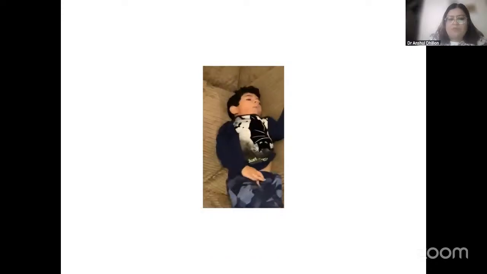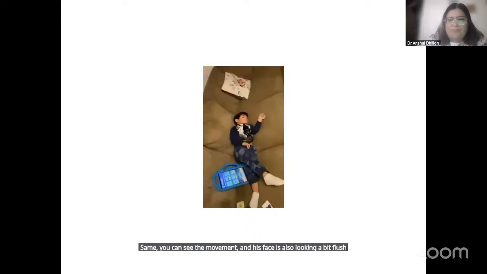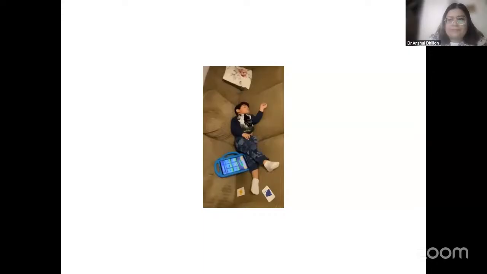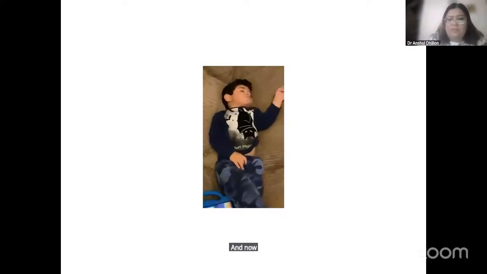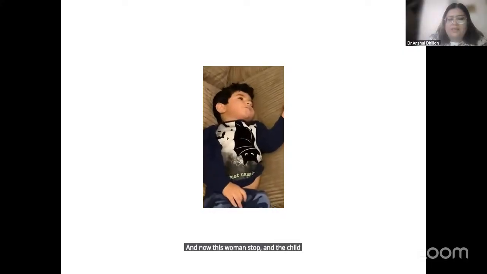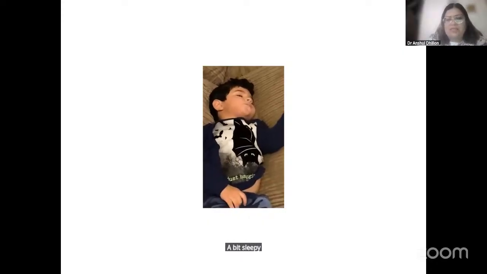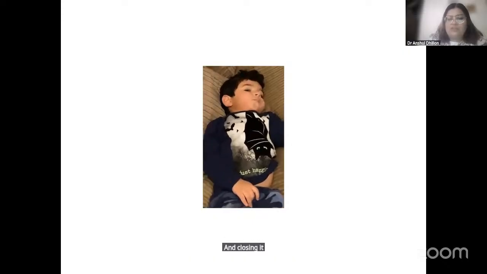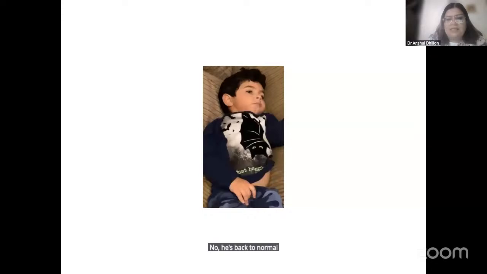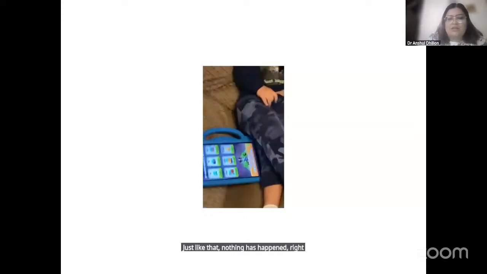You can see the movement, and his face is also looking a bit flushed. Now this movement stops, and the child is a bit sleepy, half awake, opening his eyes intermittently and closing them. Now he's back to normal. Can you see? It looks like nothing has happened. He's back to himself.